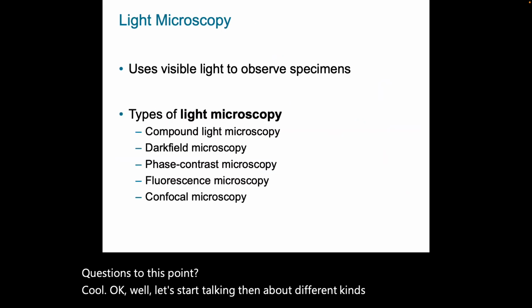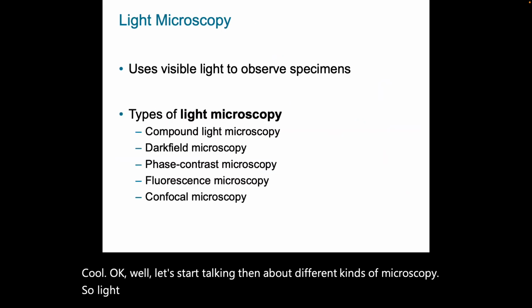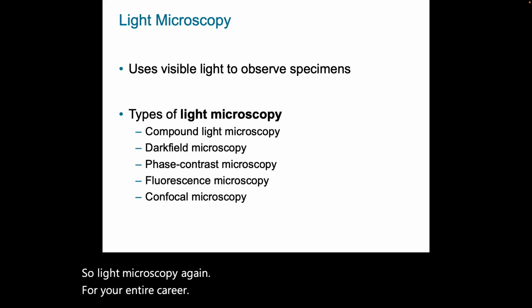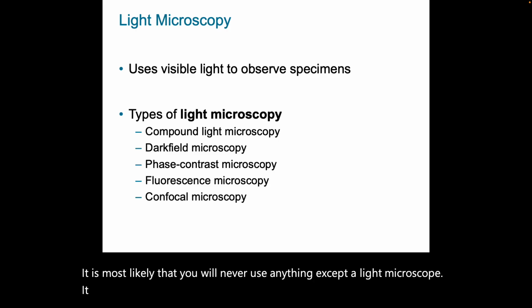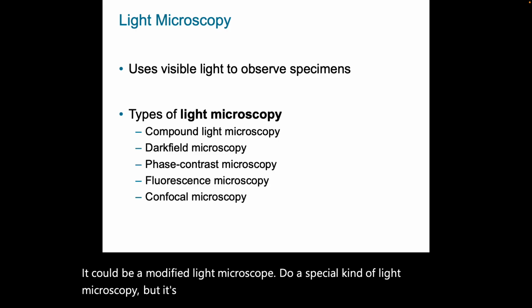So light microscopy, again, for your entire career, it is most likely that you will never use anything except a light microscope. It could be a modified light microscope, a special kind of light microscopy, but it's light microscopy, using visible light to observe your specimen.